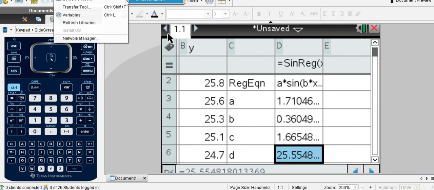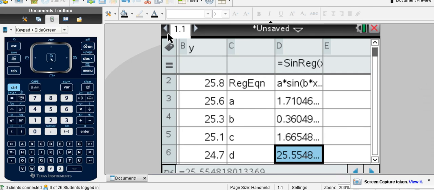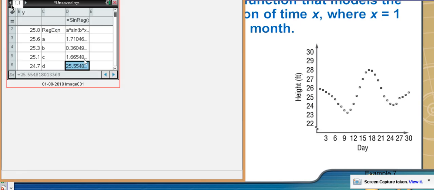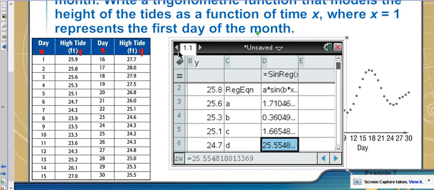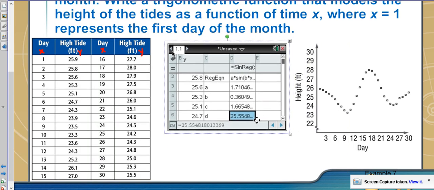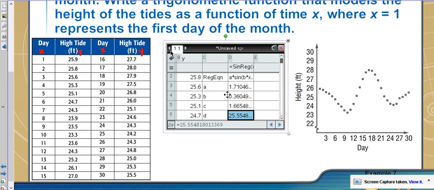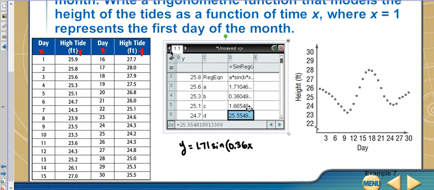I'm going to just copy these over. Whoops. And now I'm going to bring it down right here, and from here we can get our equation. It's in the form of y equals, and I'll round to the nearest hundredth, 1.71 sine, because the A goes in front of sine, and then you have the B, which is 0.36 x, and then you have plus C here.